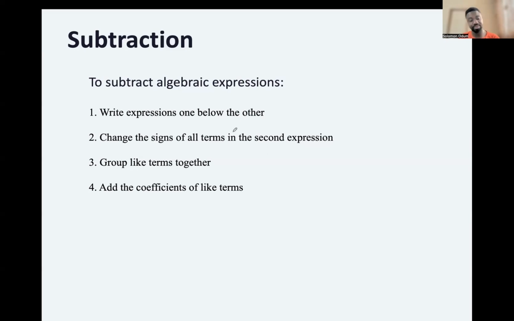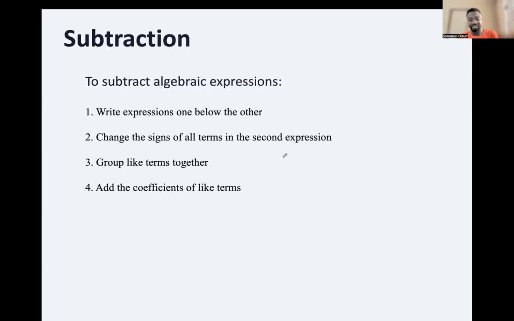Then the second step: change the signs of all terms in the second expression. Then group like terms together and add the coefficients of like terms. So the third step is to change the signs of all terms in the second expression.